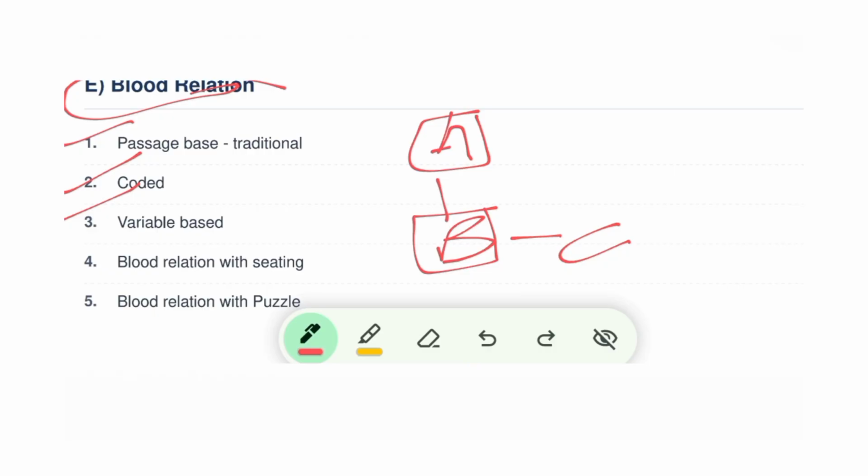There can be a variable based type, when the family relation is given with a variable, like they like a red color, they like some fruit, etc. Sometimes blood relation with sitting, then blood relation with puzzle. These five types are basically asked.